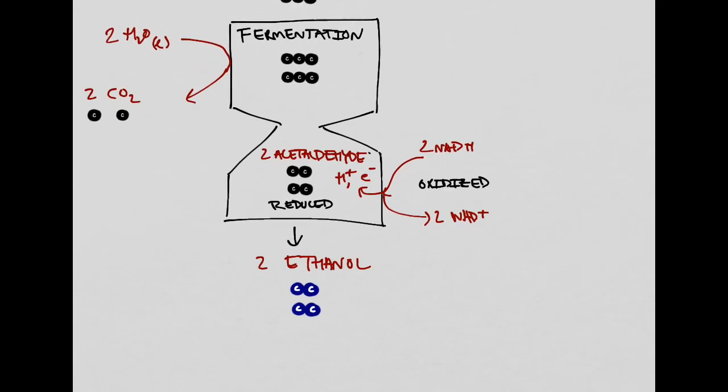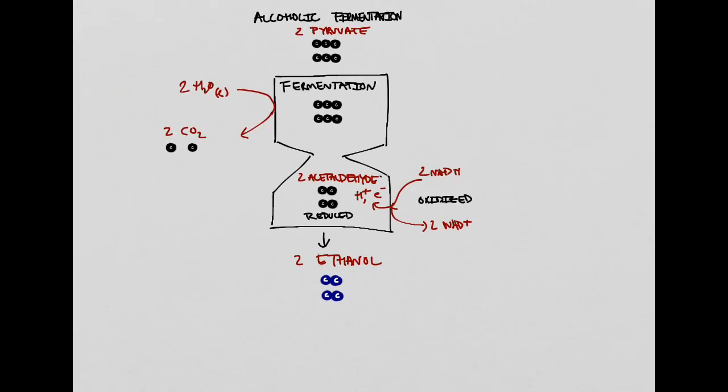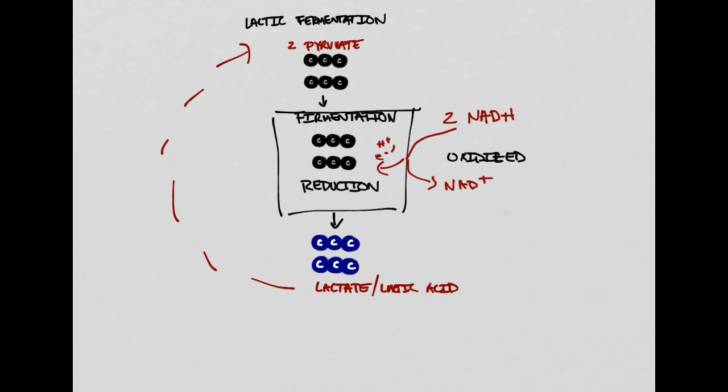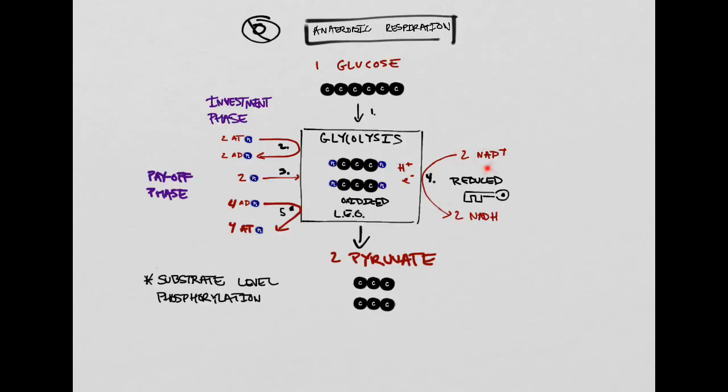So this entire fermentation pathway, again, the whole goal is to recreate or recycle our NADH back into NAD+, so we can run glycolysis again and get out our 4 measly ATP in the payoff phase. And this all happens in the absence of oxygen.